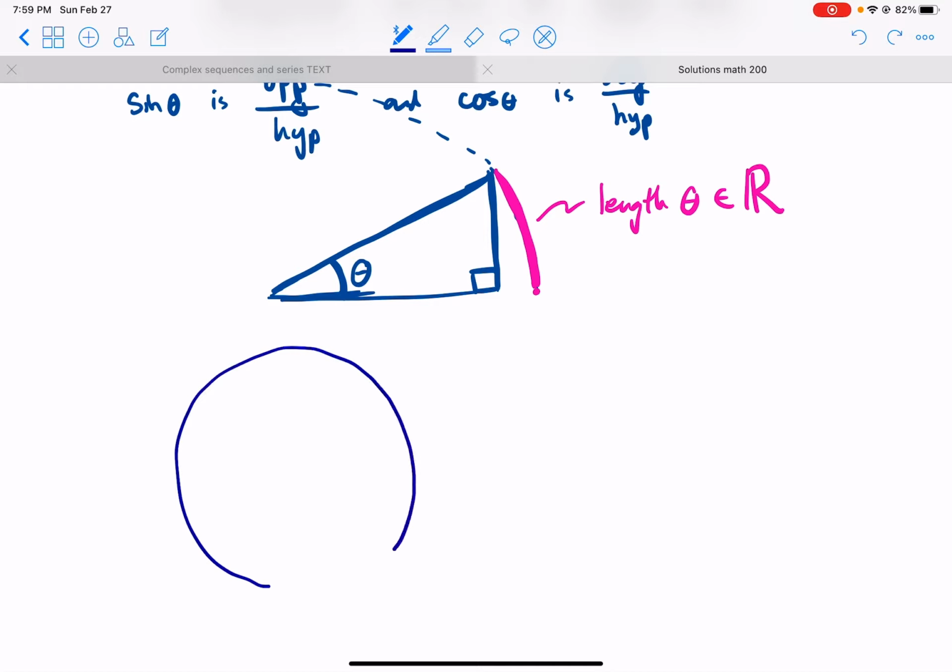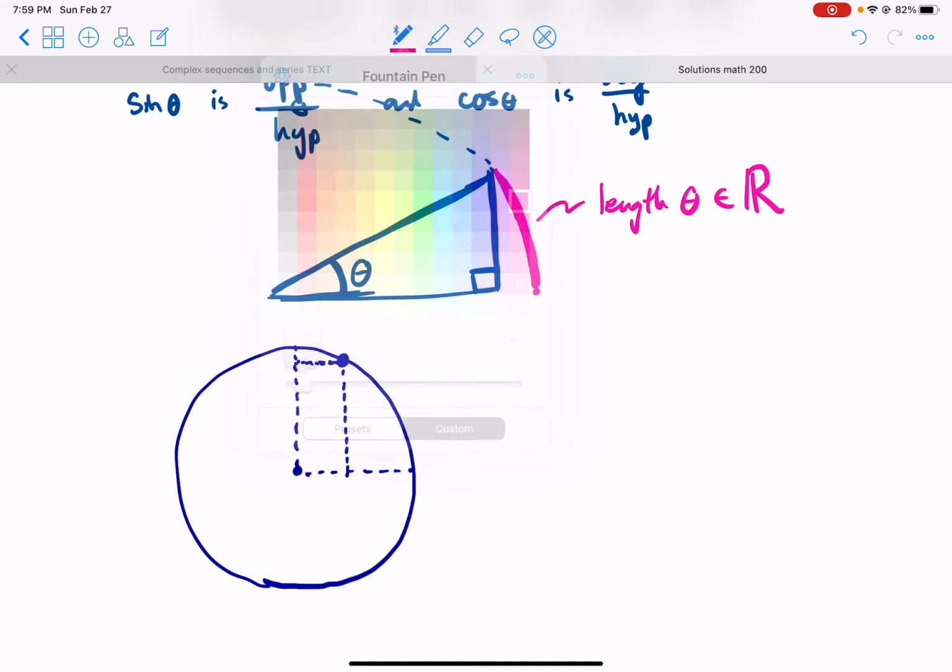If we have a circle and we have some point on the circle, then the x-coordinate will be cosine of theta, and the y-coordinate will be sine of theta. But where's theta? Well, theta is this arc length. That is theta. It is a real number.